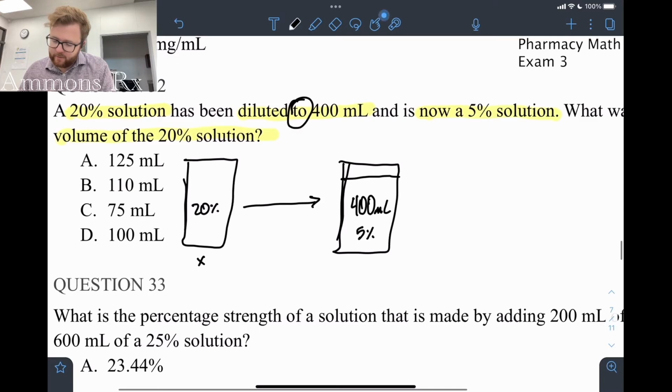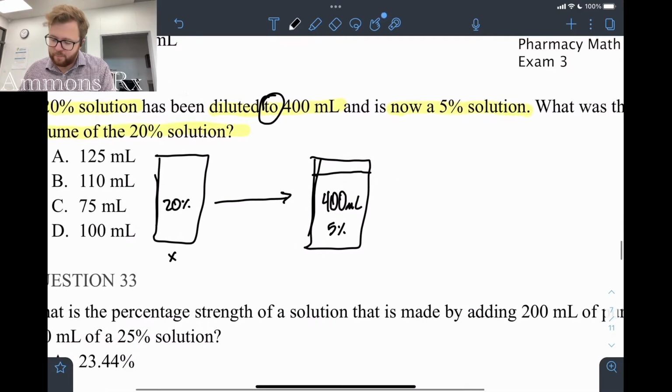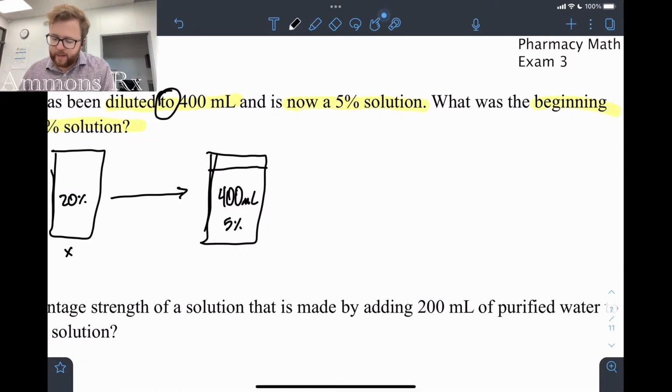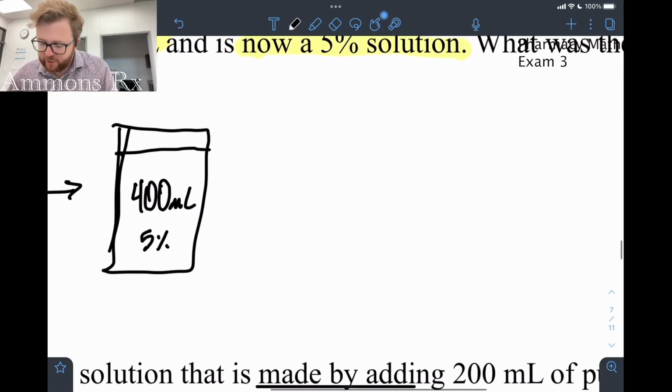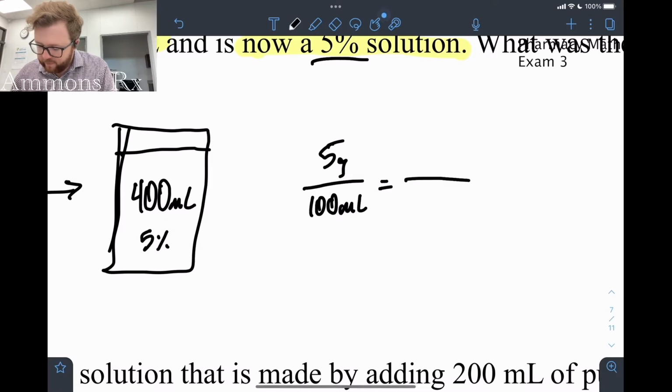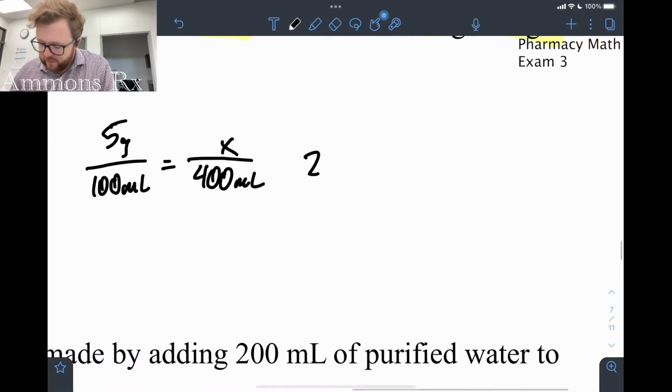So let's ask ourselves, okay, how much drug do we have? So we have a 400 ml solution because it says to 400 mils, and it's now a 5% solution. So we know there's 5 grams in 100 mils, and we have 400 mils of it. So we can do 5 times 400 divided by 100, and we will know there is 20 grams of drug.